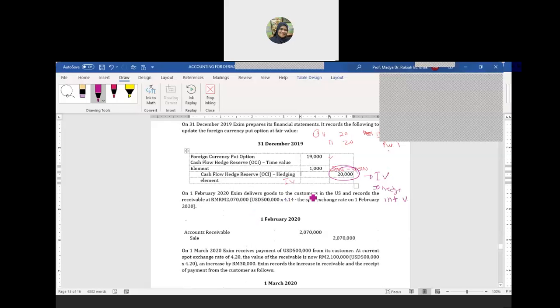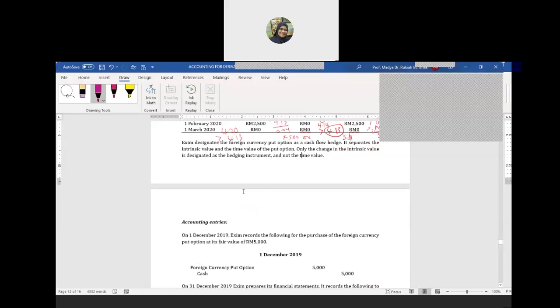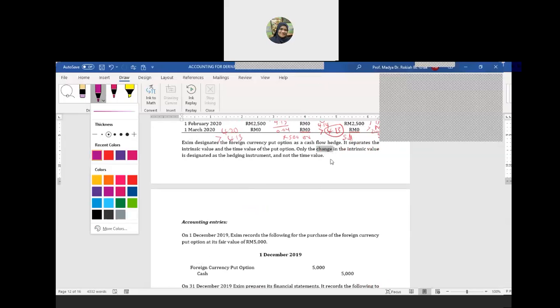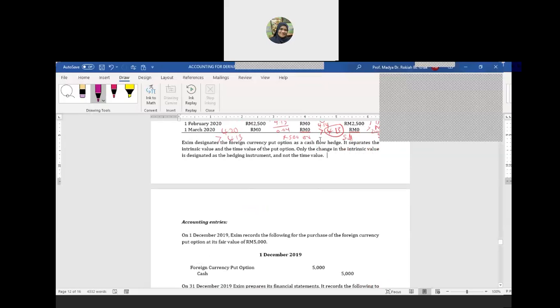So any questions related to this option? We're going to discuss this once again in detail in the next class for the hedging of options, because this one is a little bit different: you're only hedging for the intrinsic value.